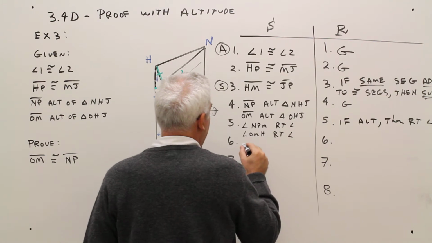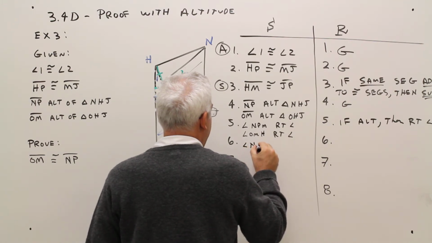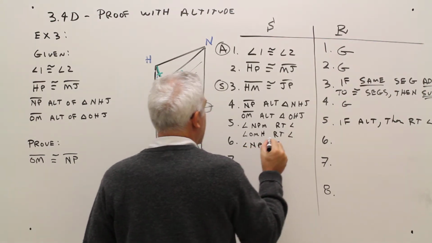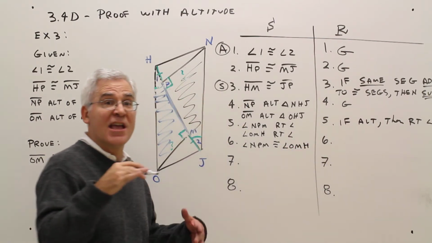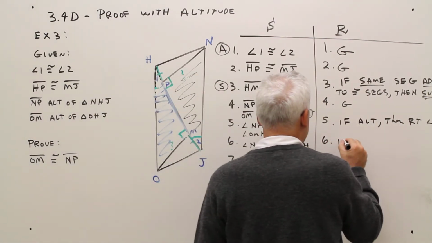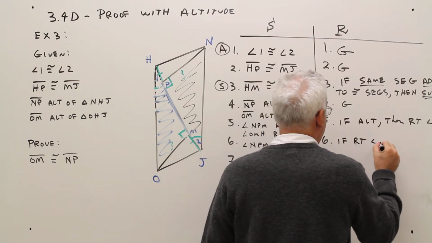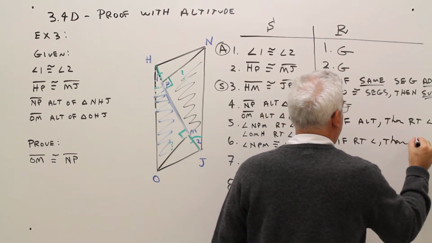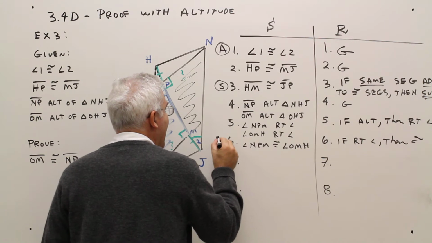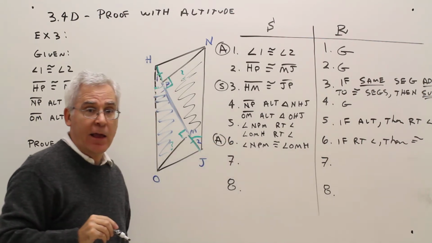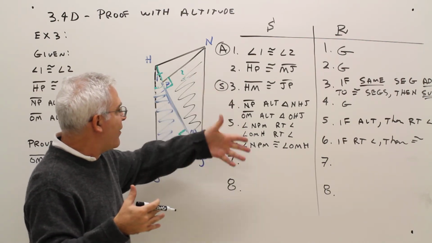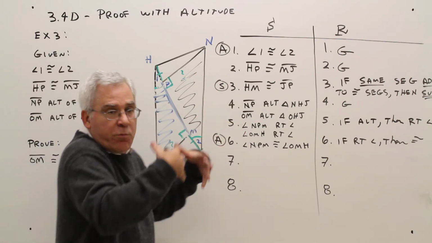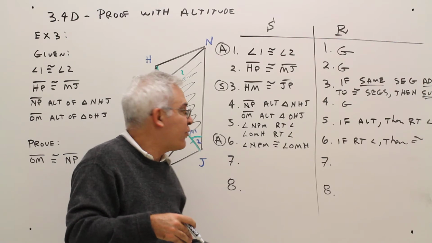So 6, angle NPM is congruent to angle OMH. If right angles, then congruent. Now I get credit for the A. And again, if on a test you kind of know where it's going but can't put everything down, just put what you can put down to get partial credit.